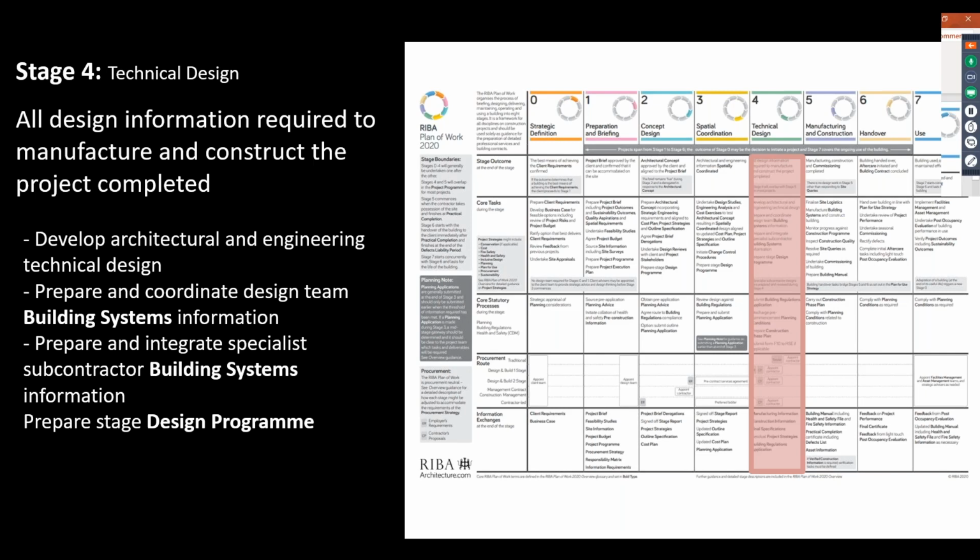But the crucial thing is that stage 4 is the production of all of the information, regardless of when stage 5 commences. And as I say, it is highly likely that there will be an overlap. Now, the reason for this is that if you think about each procurement route and how the work of the design team and the specialist subcontractors relates, the design program for stage 4 will be sliced and diced differently depending on how that procurement route works.